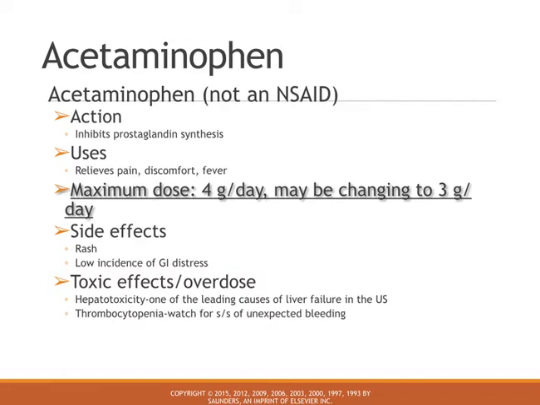So if a patient tells you they take a lot of Tylenol on a regular basis, we should anticipate the physician ordering liver function tests. So remember, our liver function tests are our ALT and AST. As for the risk of thrombocytopenia, we're going to watch for signs and symptoms of unexpected bleeding. So that can be unexpected bruising, petechiae, bleeding from the gums when they brush their teeth, a pink tinge to their urine.